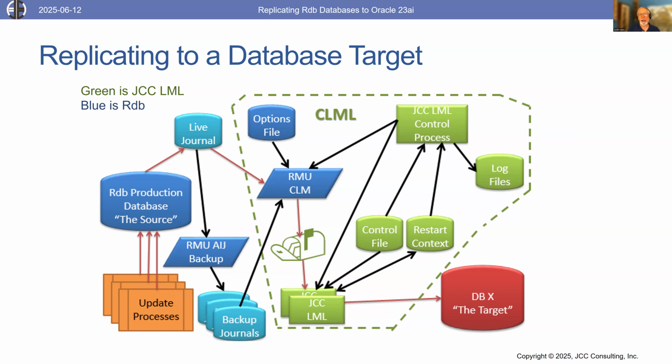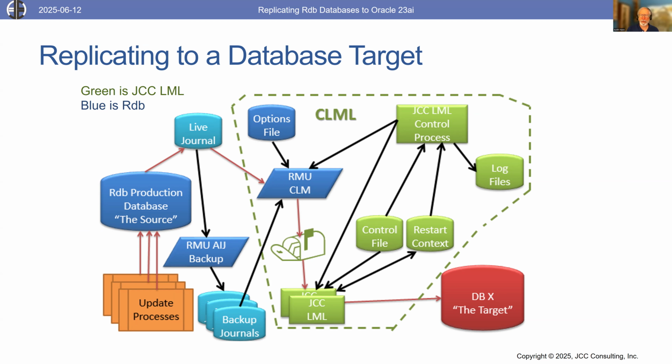We have an options file that tells the RMU unload/after command, the continuous LogMiner, what data to unload. We point the RMU unload/after command at an open VMS mailbox, then read from that mailbox based on the criteria that you configure, and we apply it to whatever the target is.